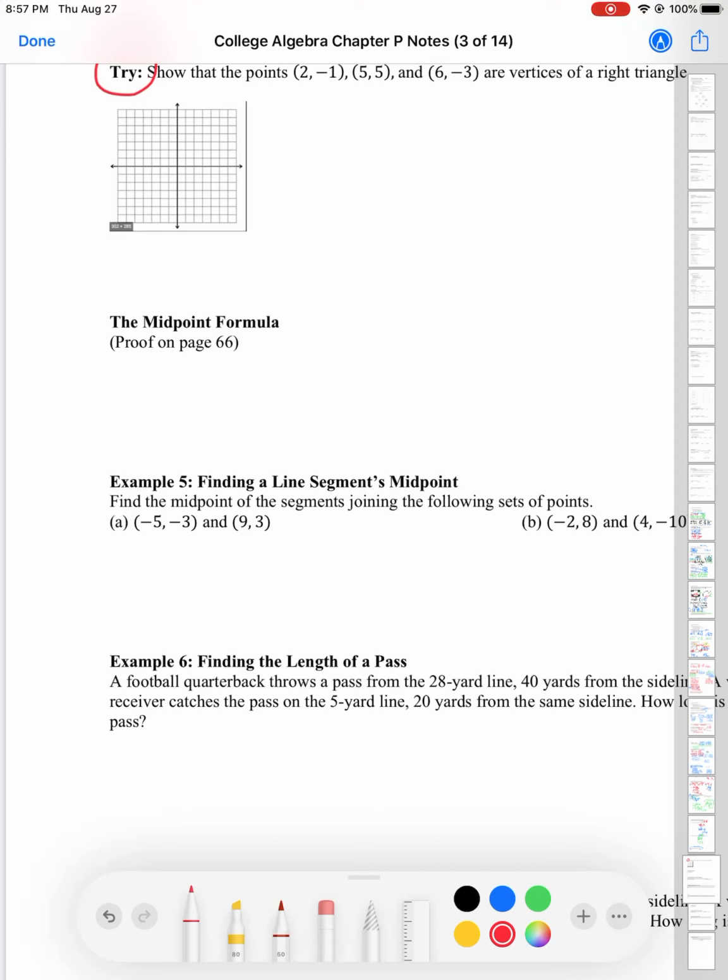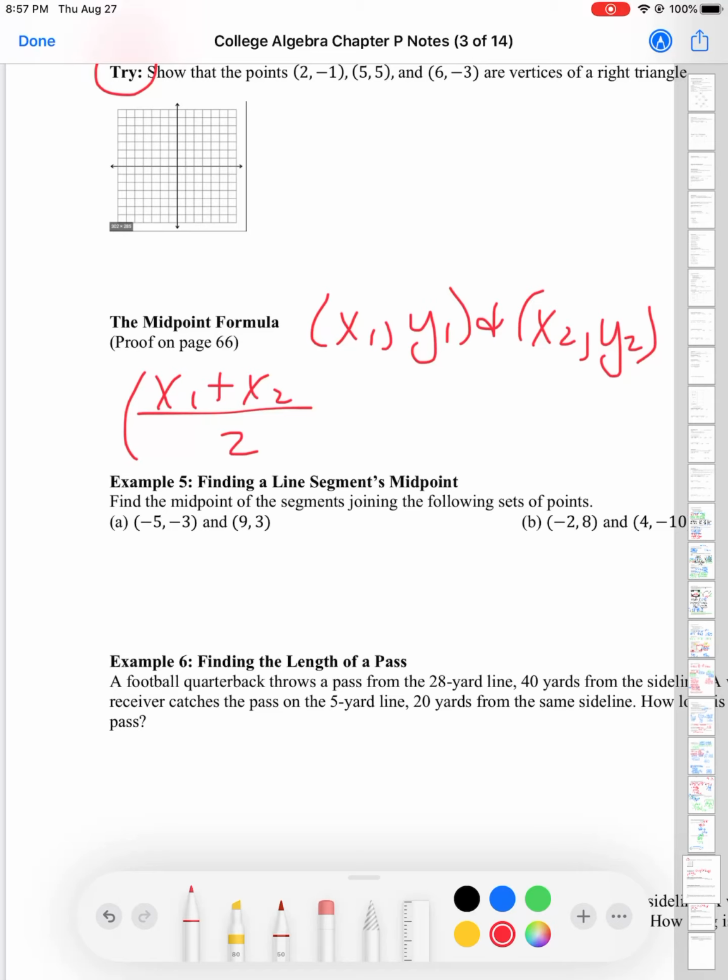Okay, the midpoint formula. Remember, if we have 2 points, (x1, y1) and (x2, y2), the midpoint formula is (x1 plus x2) divided by 2, (y1 plus y2) divided by 2.